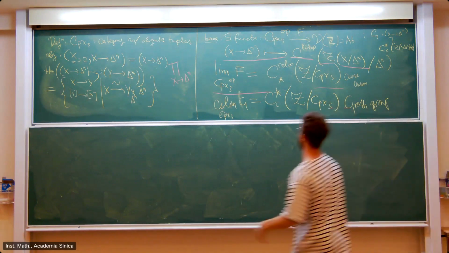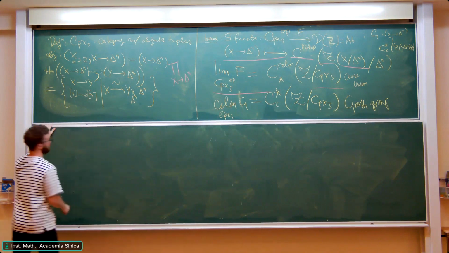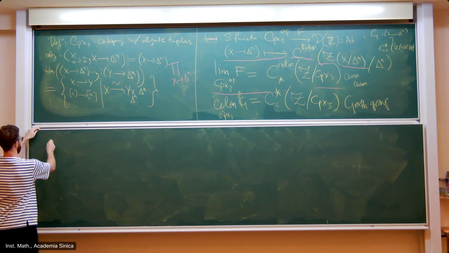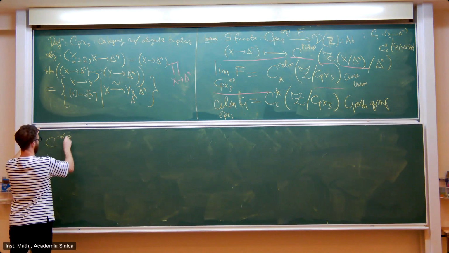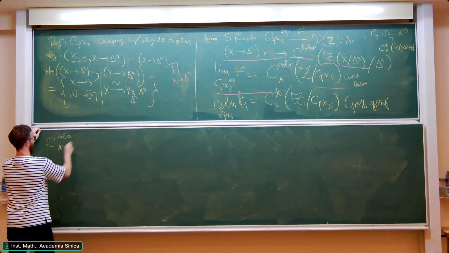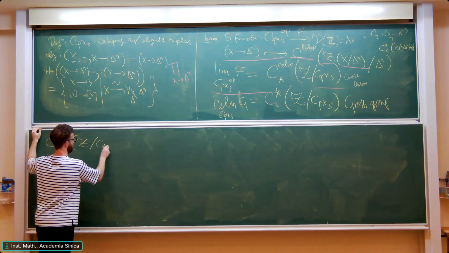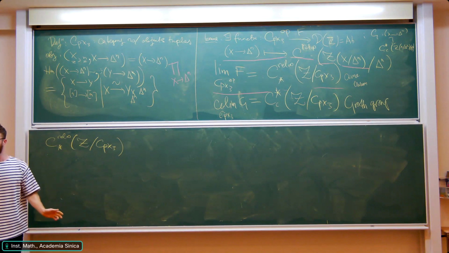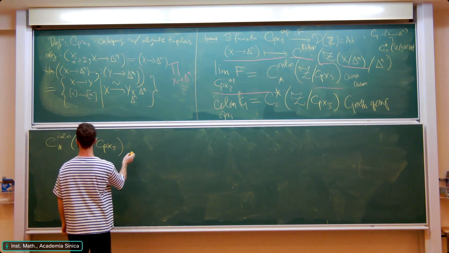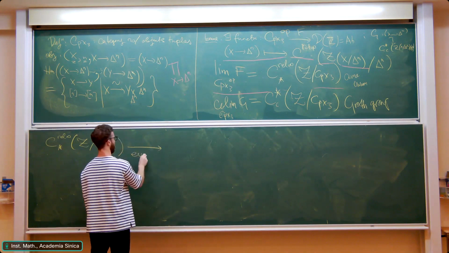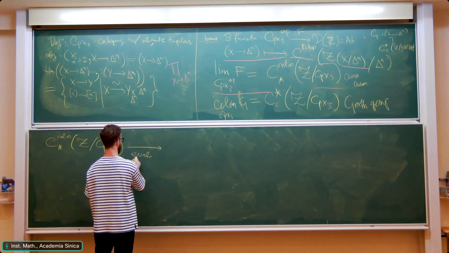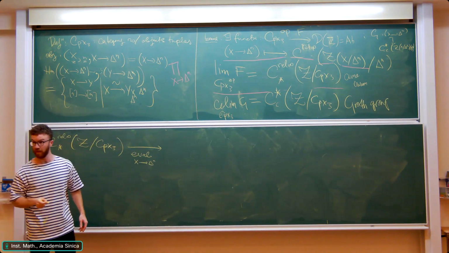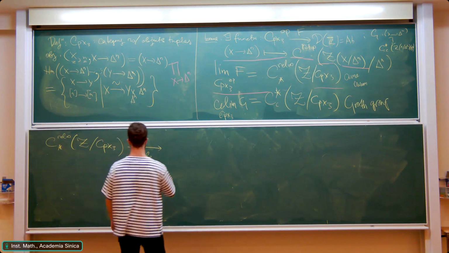So what does C relative infinity do? It's defined as some giant limit, which means it has maps evaluating at each member of the fixed family. There's the maps of the limit.